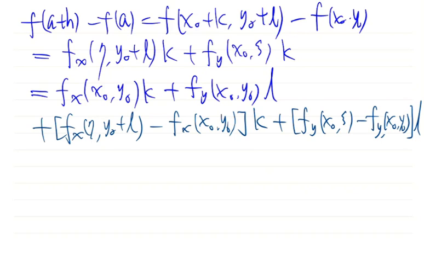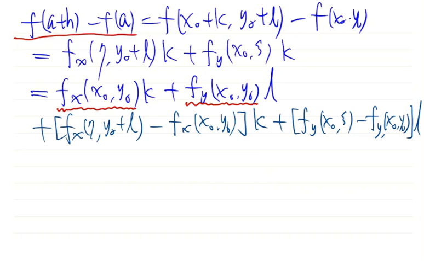So now the change of the value of f has been written as a linear combination of k and l, and the coefficients are now independent of k and l.